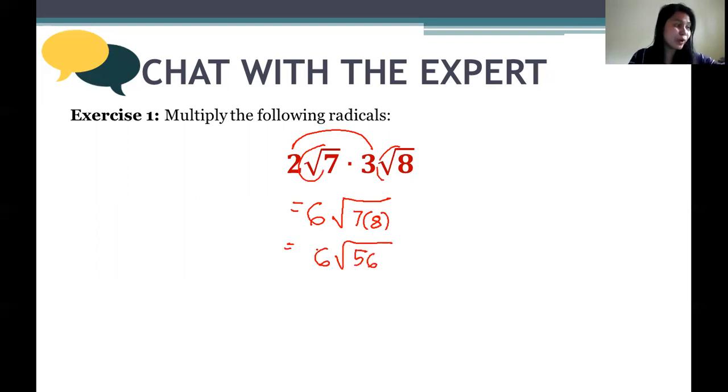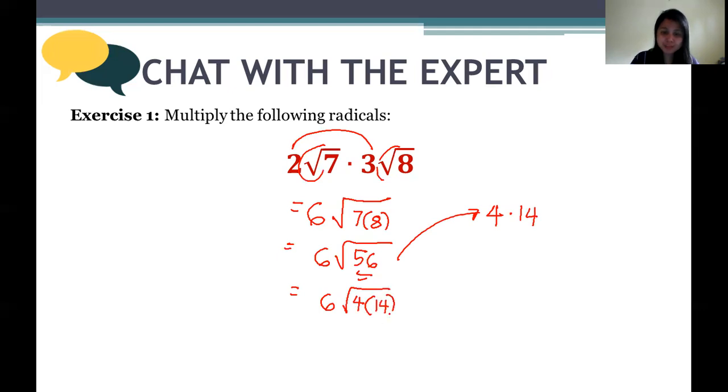So 6 square root of 56. But we need to simplify square root of 56. Remember, 56 can be written as 4 times 14. So we can write 6 square root of 4 times 14.